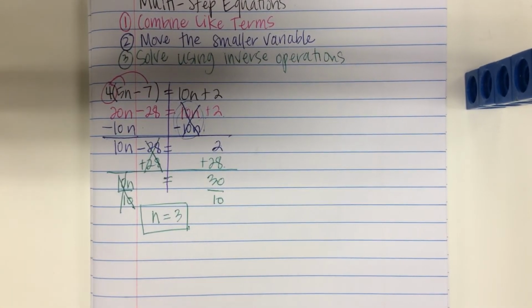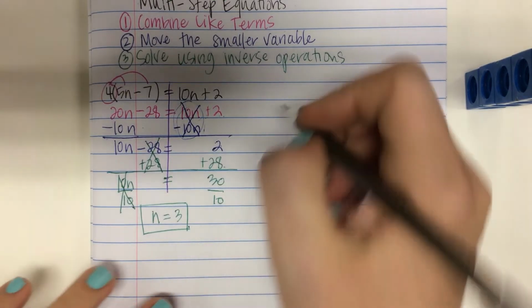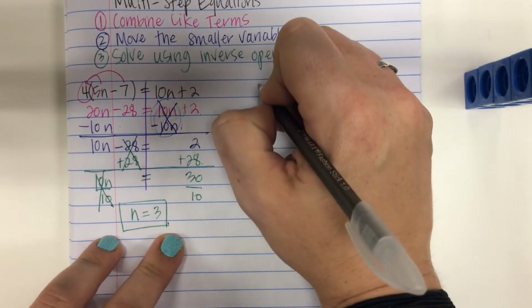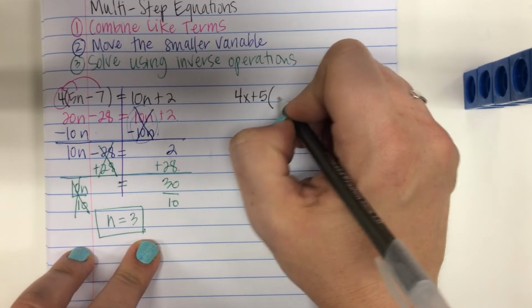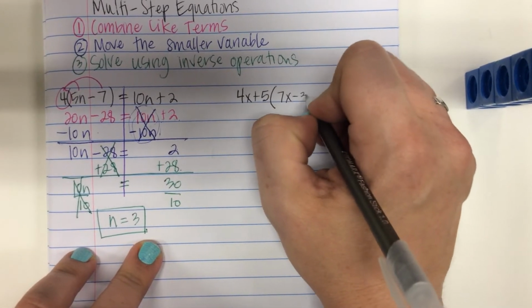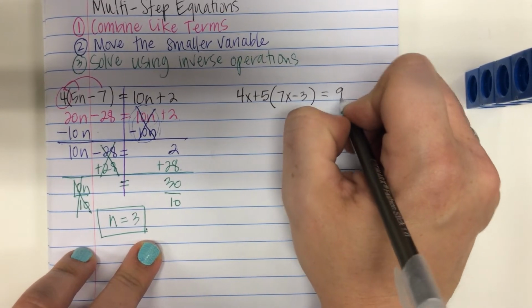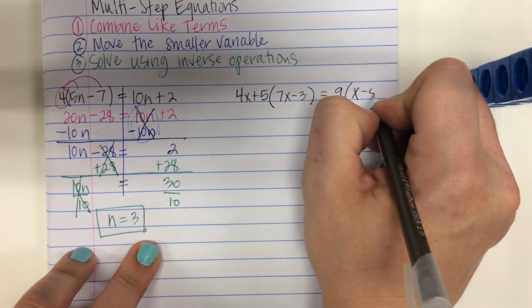All right, let's try a harder problem. 4x plus 5 times the quantity 7x minus 3 equals 9 times the quantity x minus 5.